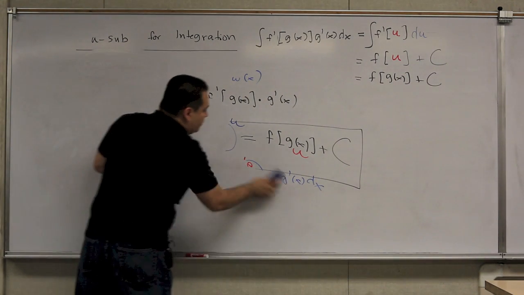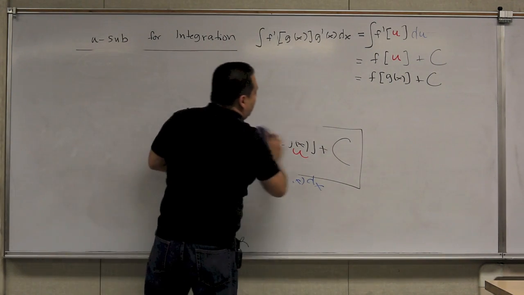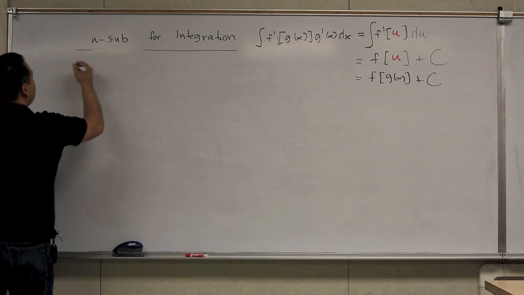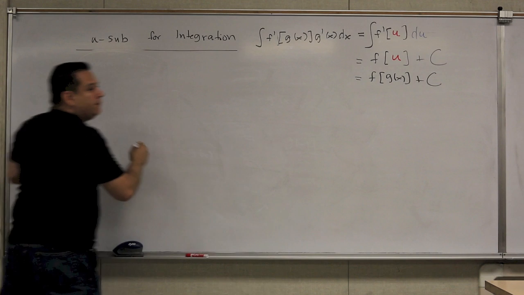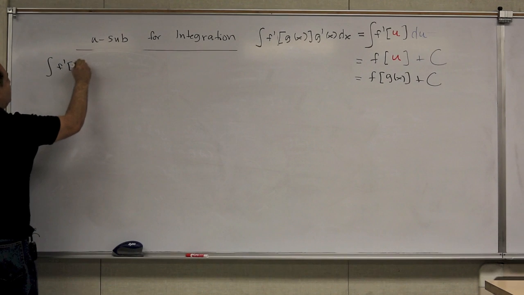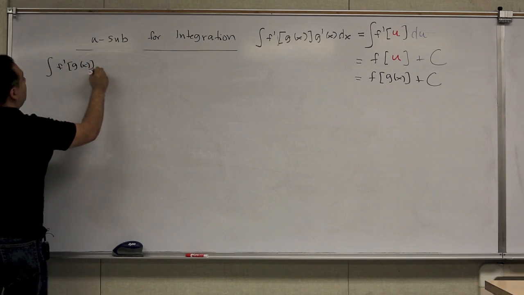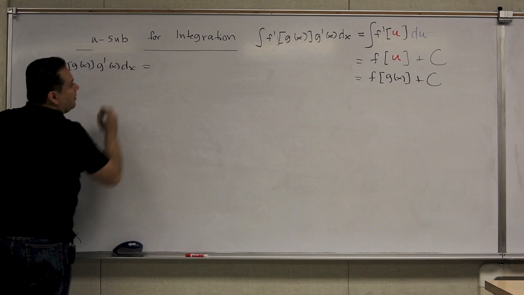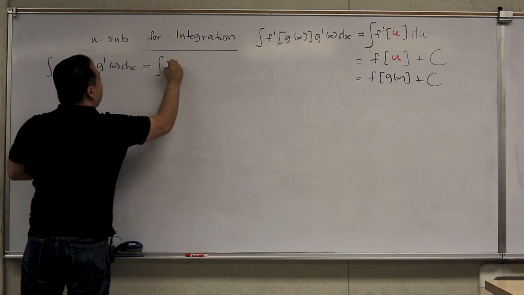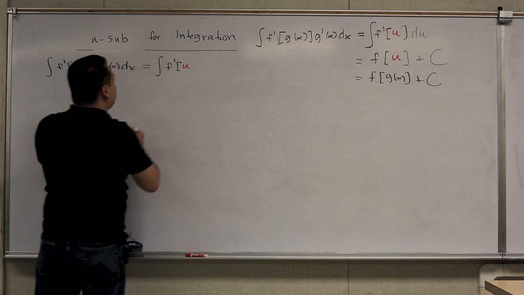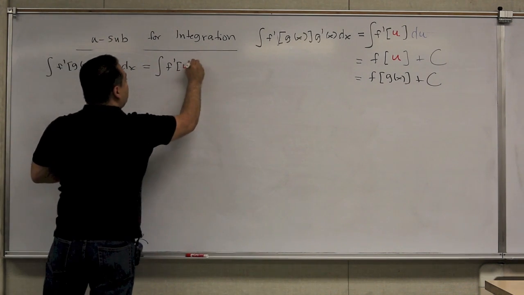So this is my u substitution format. Maybe it's better to put it right here so we remember how to use this, because it's kind of long. I'll explain this to you guys. Here is the integral of f prime of g of x, g prime x dx. That's going to be the integral of f prime, let's keep that in red for now, of u, because what we have to focus on is the inside function.